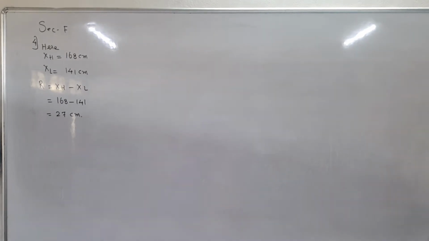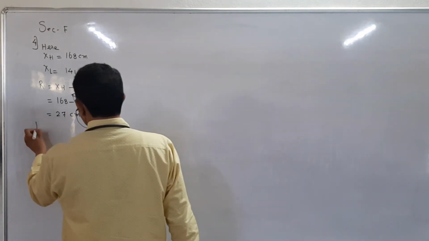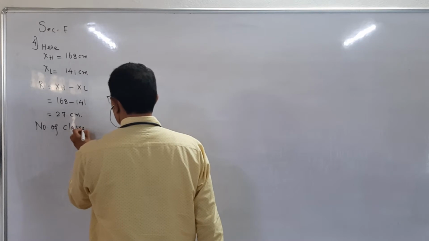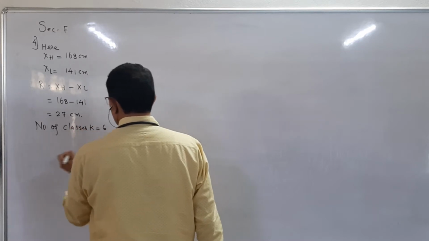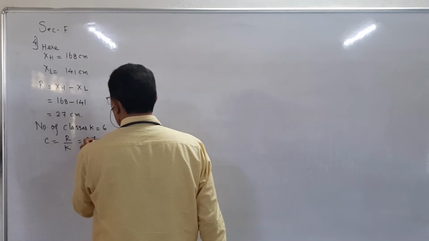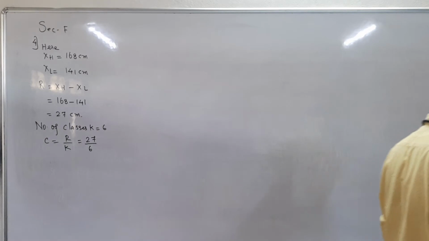Now, number of classes given are 6. Number of classes K is equal to 6. So class length is equal to range divided by K. 27 divided by 6. 6 4s are 24, so approximately 4.5.